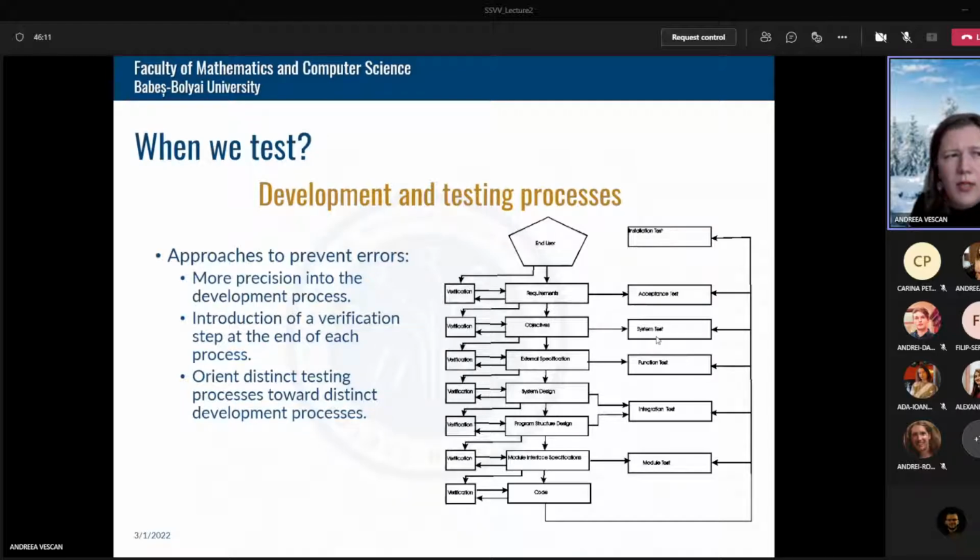Because we will go through the interface, go to the backend, and then go back to the interface to see that the entire feature was actually implemented. Then we talk about external specification. We talk about function tests or feature tests, or unit tests if you think about modules. And also if you think about the system design and the structure and so on, we talk about integration tests and module tests.